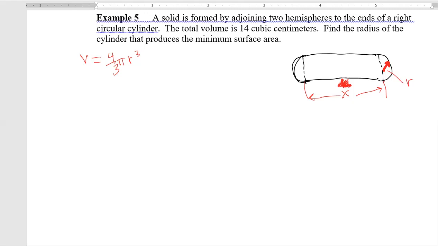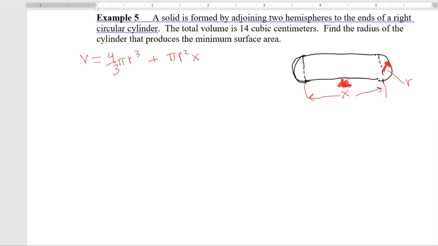Now the volume of the circular cylinder, so we're going to add that, would be the base of the cylinder, which is pi r squared, times the height of the cylinder, which I was calling x. So here's our formula.